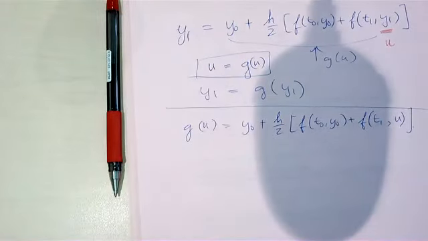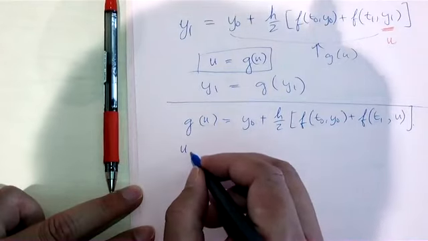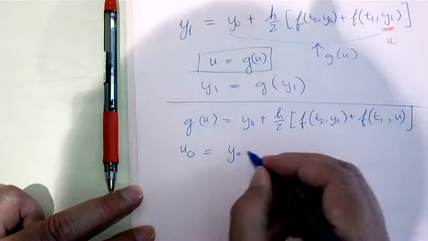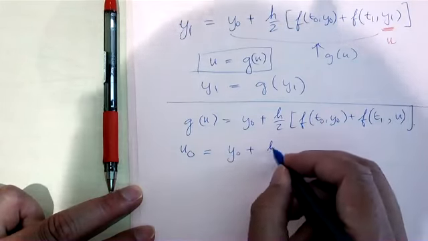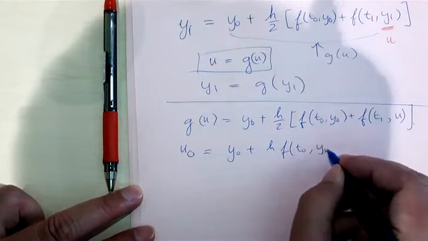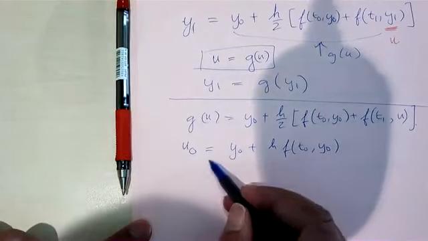And now you just put u to be u0, your solution from the explicit Euler method, and plug it in here.